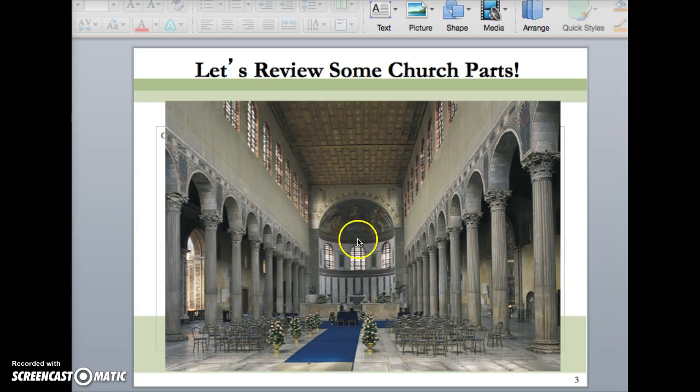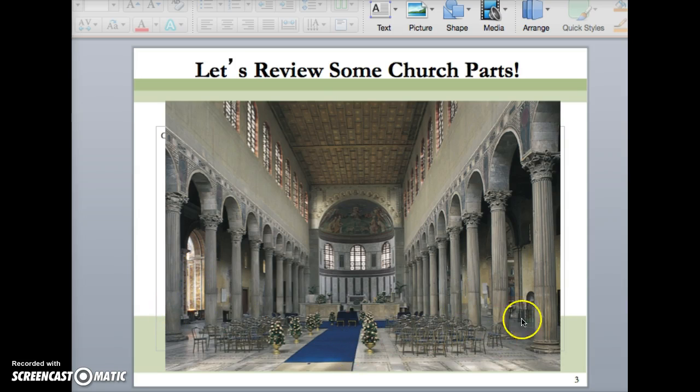We are looking also at the apse. Anytime you see a half dome or a dome jutting out from the exterior of the building, that's always called an apse. Right in front of the apse is the altar, and this space would have been reserved for clergy only.